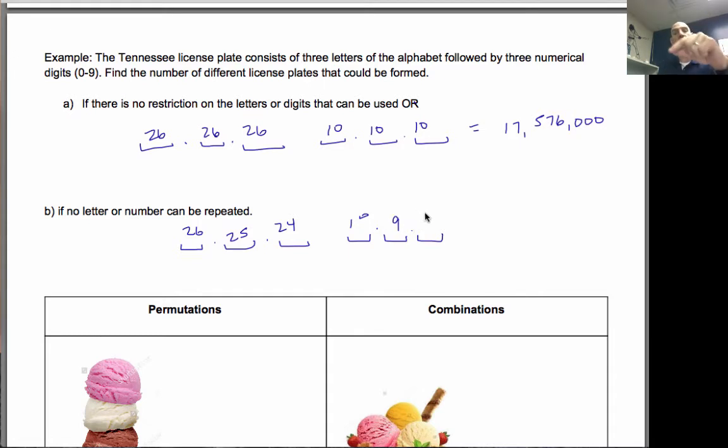Then I can't repeat that digit or the one above it or the one below it, so it's times 8. Look at this. That small variation leaves me with 6 some million left. 11,232,000. So just that small variation cuts out almost 6.5 million license plates that we can use. See how that's an important distinction to make?